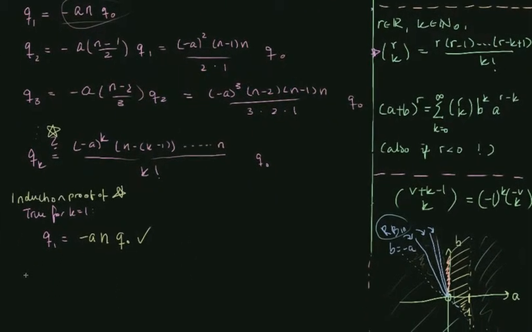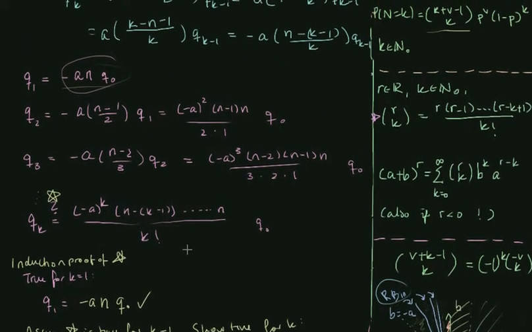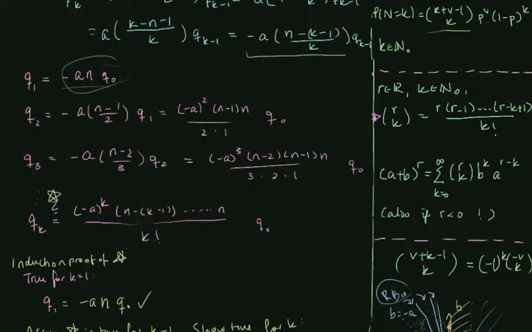Now assume that star is true for k minus 1. Show that then it holds true for k. Well, qk, in terms of qk minus 1, we can look at the formula we had up here.